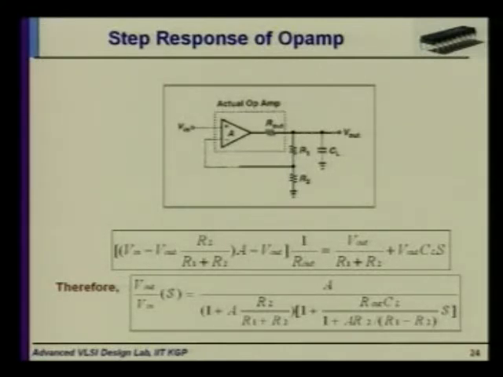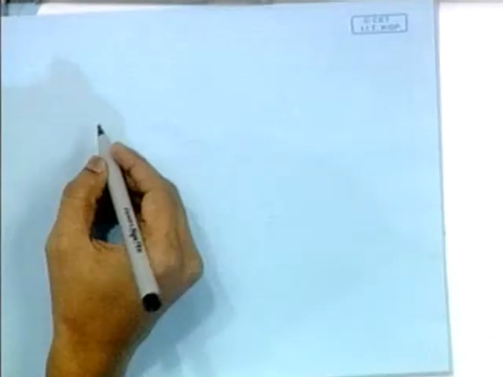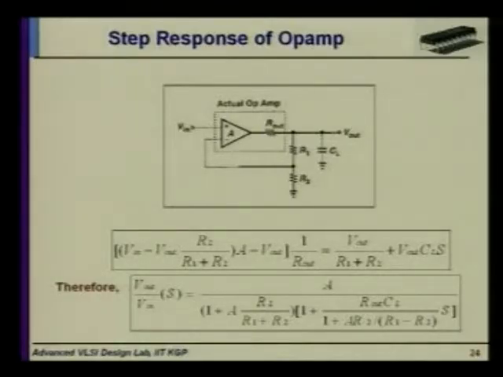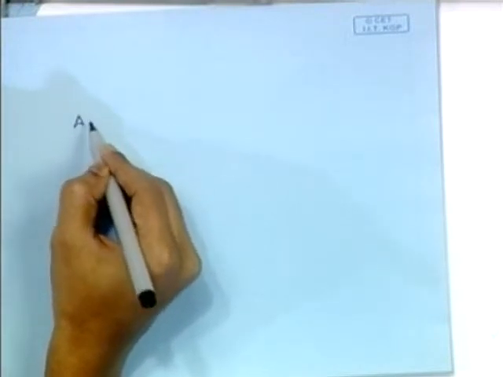So we can write the basic node equations at this position. Current at the output means this node minus this node. What is the voltage at the output of that amplifier? That is A into (V in minus), where V in is the voltage at the positive terminal, and the negative terminal means the feedback voltage. R1 and R2 act as a voltage divider, and at the topmost position there is V out.